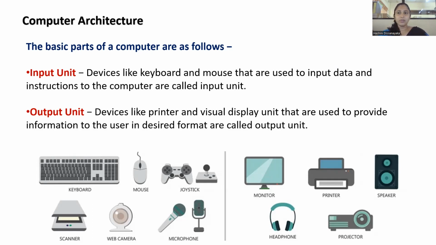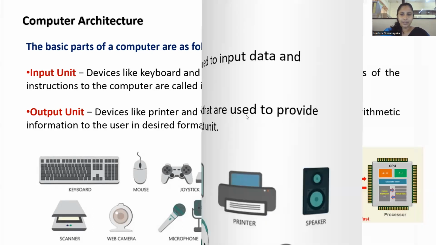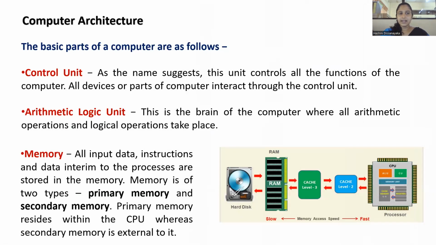Then the other parts are the control unit, arithmetic and logic unit, and the memory. These are the basic parts of a computer: input unit, output unit, control unit, arithmetic and logic unit, and memory.